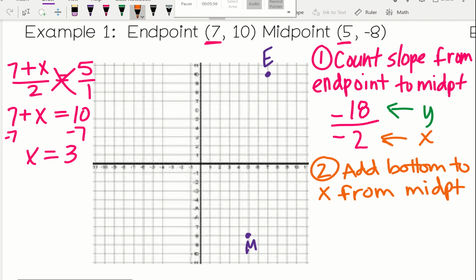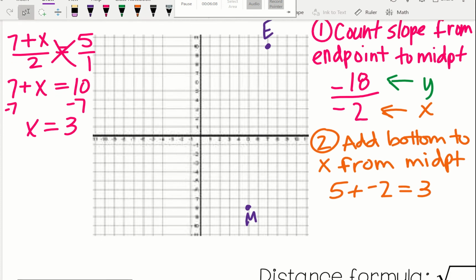Midpoint is 5. So I do 5 plus negative 2 and get 3. Okay. The last part is to add the top to y.